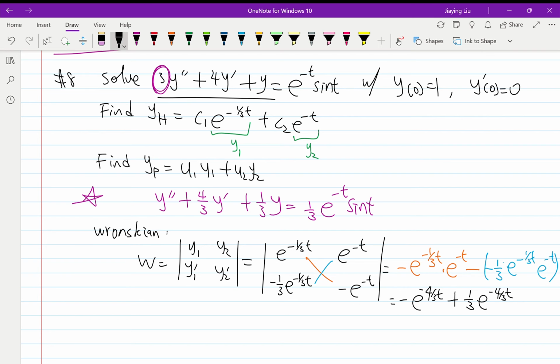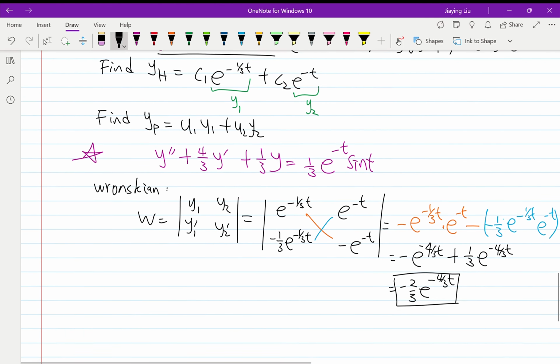We can combine further, that becomes a negative 2 over 3 e to the negative 4 over 3t. So double check, make sure everything's right there.